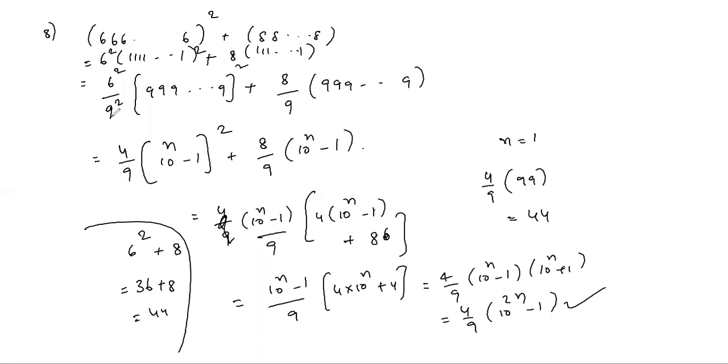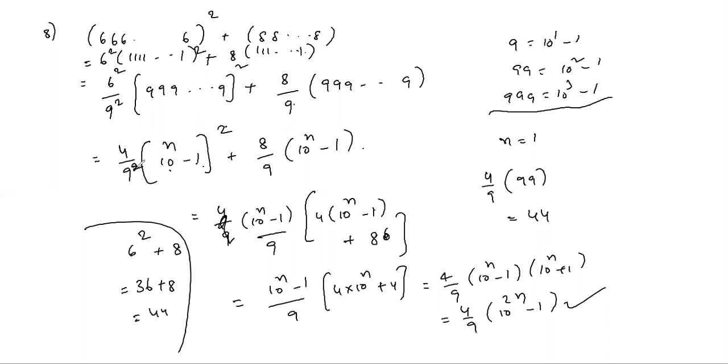So 9 square outside, here only 1 9 outside. So 9 times you can write 10 power n minus 1. Already discussed. The 9 means 10 power 1 minus 1. 99 means 10 square minus 1. 999 means 10 cube minus 1. Like this, if you write 9 times means 10 power n minus 1 whole square. Here also whole square.